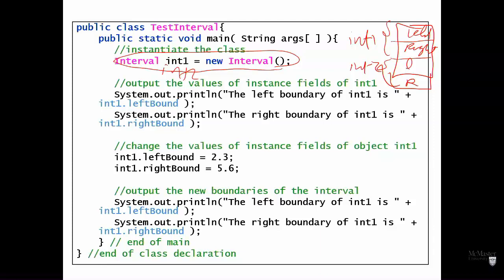These two are completely separate from these two. Yes, both int1 and int2 have the same type, but this is similar to defining int x and int y, where x can have a different value than y, right? So when you instantiate different instances of the same object, you allocate different places in the memory for each object.